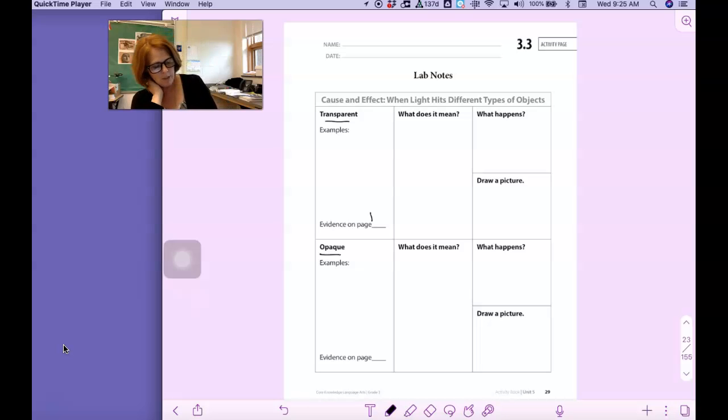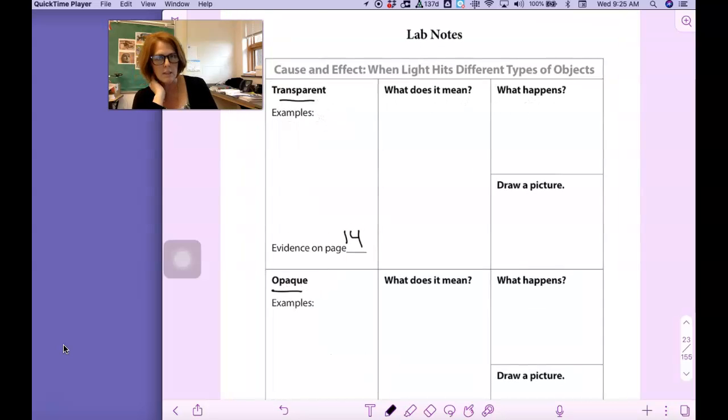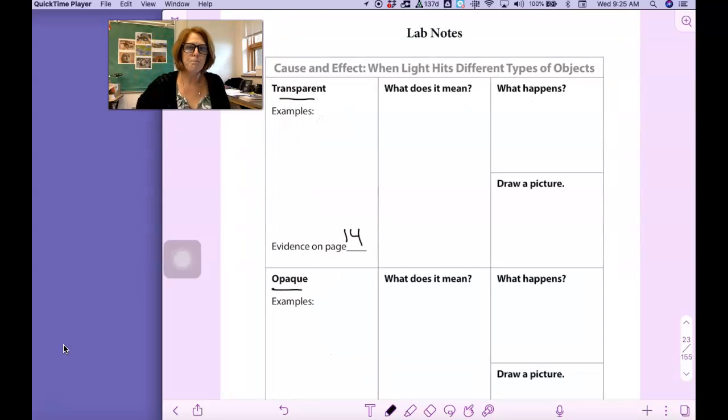Our evidence for this is on page 14. Let me make this a little bit bigger so you can see it. The first thing we're going to do is write down examples that they give us in the text of things that are transparent. Listen as I read, and follow along as I read the second paragraph.